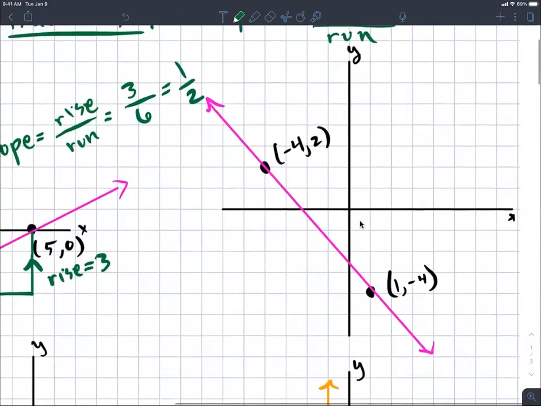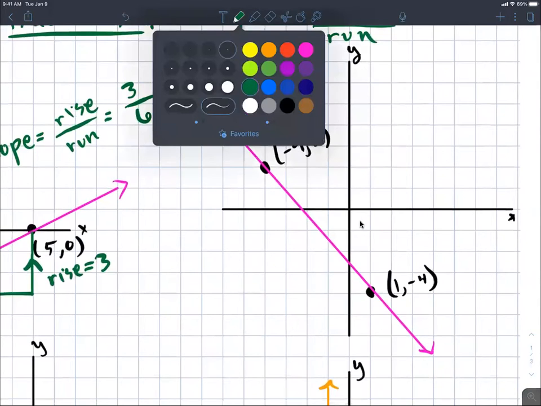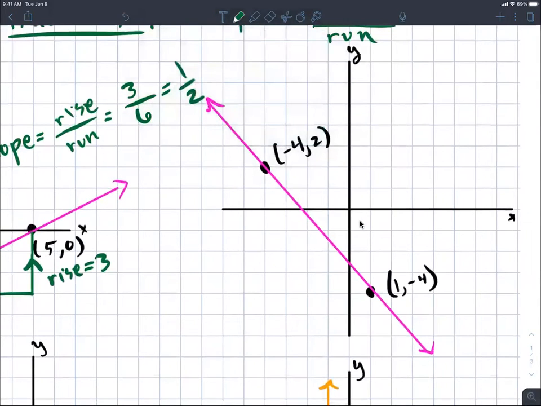Okay, I'm going to explain this one. Again, we're always starting from the left over here and going right that way. Okay, so this is our point we're going to start with, because we're going to draw this right triangle underneath the line.